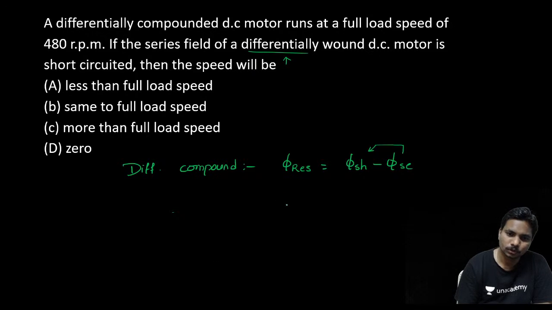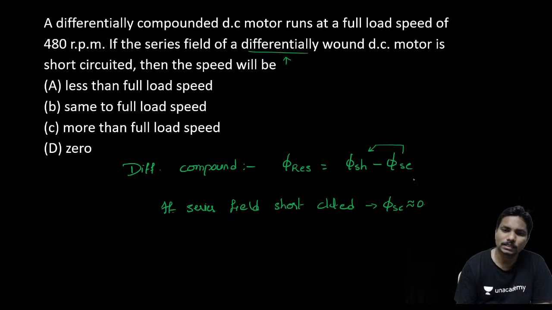So if the series field is short circuited, then what is happening? Series field flux is almost 0. So as the series field flux is 0, φresultant is equal to φsh only.